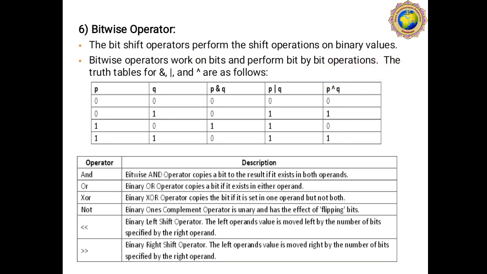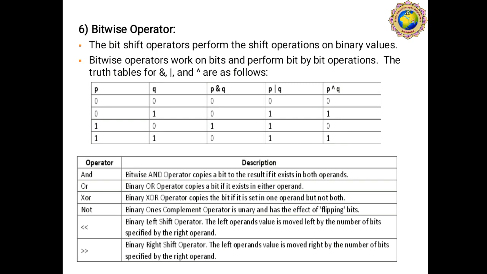The truth table for the bitwise operators AND, OR, and exponent (XOR) is as follows. Here are the binary digits 0 1 0 1 for the first signal of data and 0 0 1 1 for the second signal of data. So how do we perform bitwise operations using these symbols? P and Q, P or Q, P exponent Q.